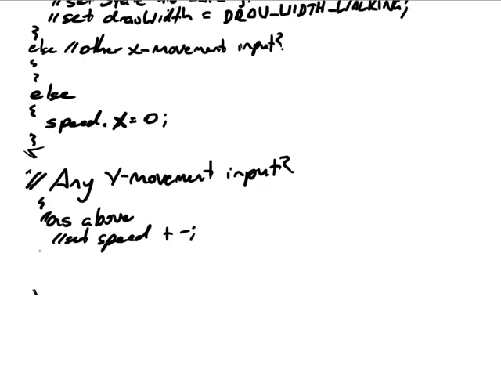There we go. And we'll do that for both up and down. And if there is no up or down, then we can say else speed dot y equal to 0, and finish that one there. If I've gone a little bit lower, so let's put there. Y movement goes from there to there.